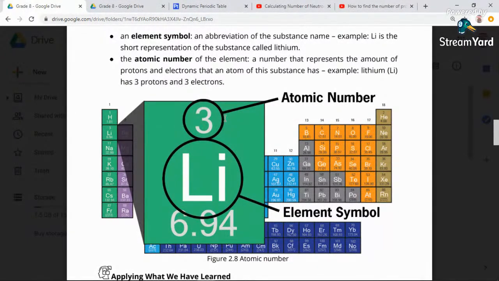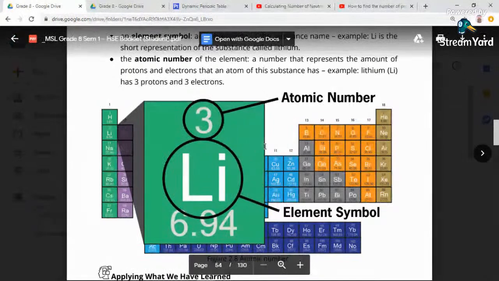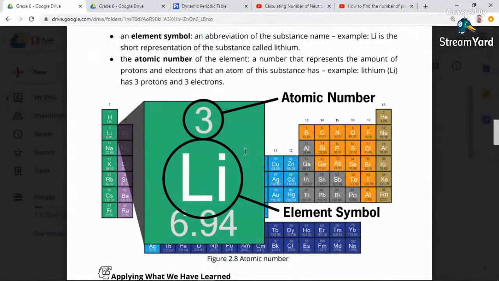It is the atomic number, okay? It represents how many protons and electrons there are in the substance. Check this out. It's so nice. The electrons and the protons are always the same number. So if I look at another element, maybe it has a little 10 on the top, that means I have 10 protons, 10 electrons. It makes life so much easier.